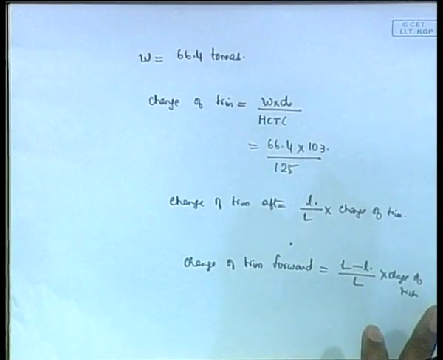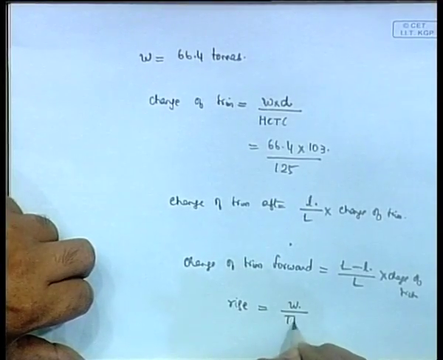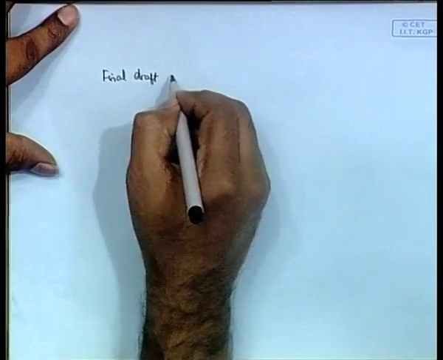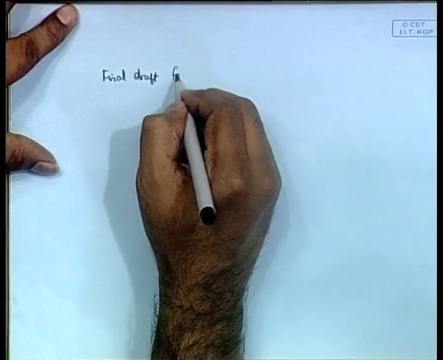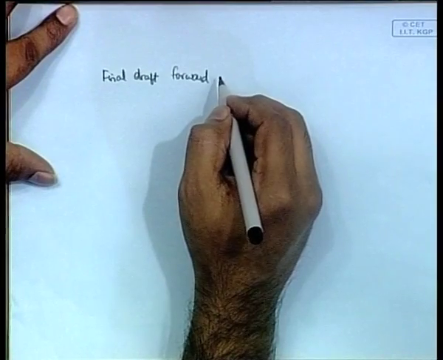Note that there are always two things, change of trim and parallel sinkage or parallel rise. Here there is also a rise because of the discharge. That rise will be given by W by TPC, and that will give you your parallel rise. Therefore, the final draft forward: in this case a weight is removed in the aft side, therefore forward will go down, so forward is plus and aft is minus.